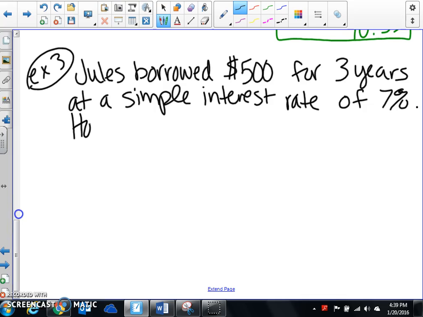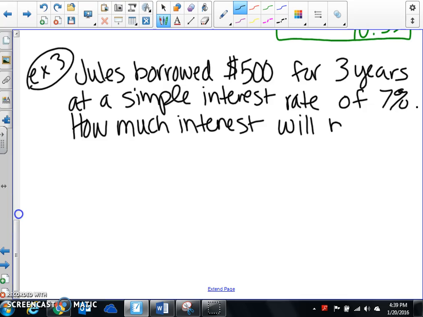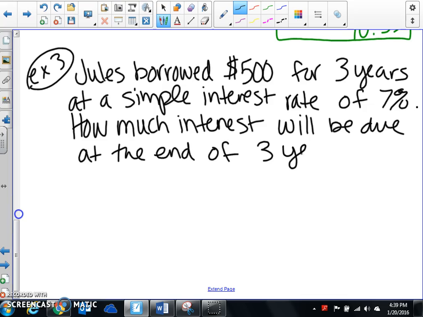How much interest will be due at the end of 3 years? And then there's also a second part of this question. All right, so we say I equals PRT.